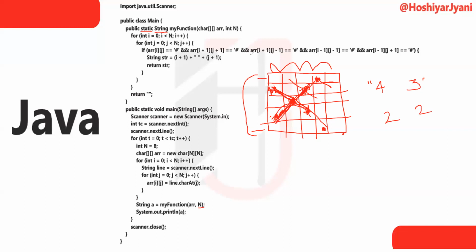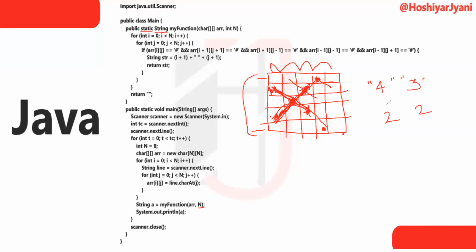Okay, guys. So when we find this condition true, then we can simply say that string str, because we are storing the value in a string, is equal to i plus 1 plus a space, plus j plus 1.